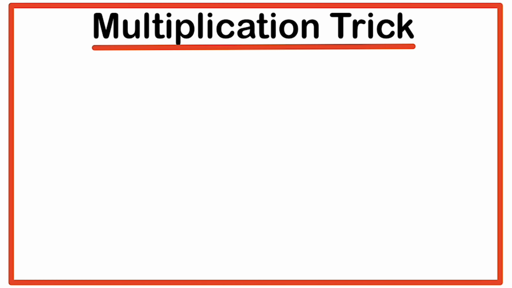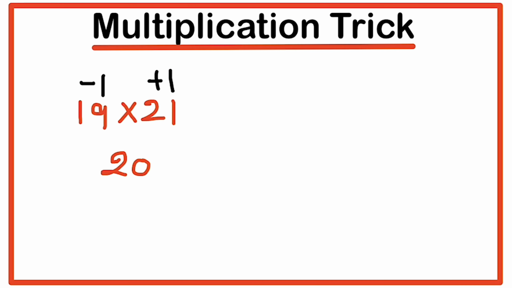Suppose we are given 19 and we have to multiply that with 21. By seeing these two numbers, we can assume the base is 20. If we take the base as 20, then it will become easy. The first one will become 20 minus 1 and the second one will be 20 plus 1, right?